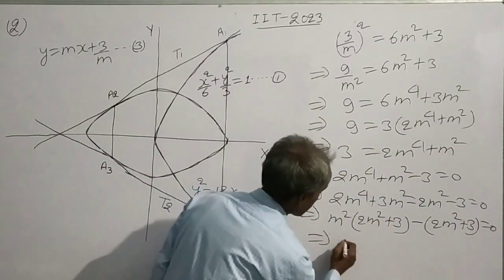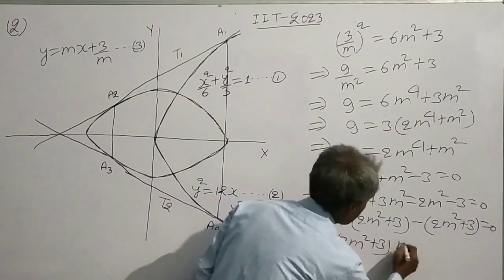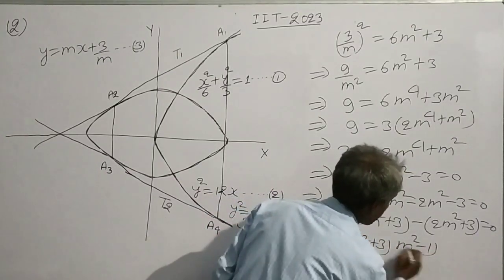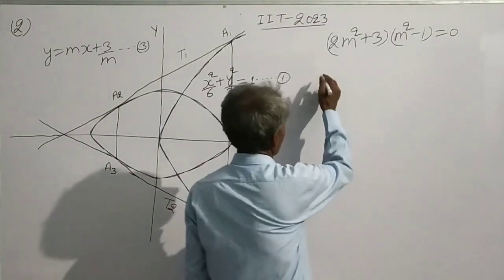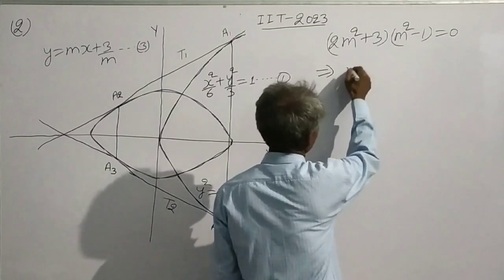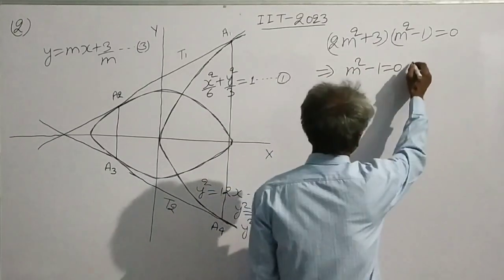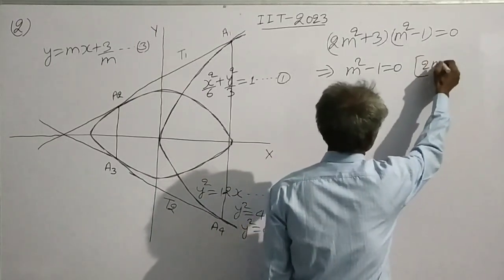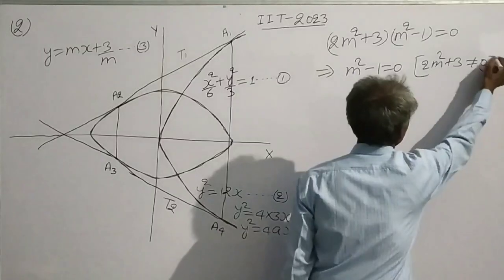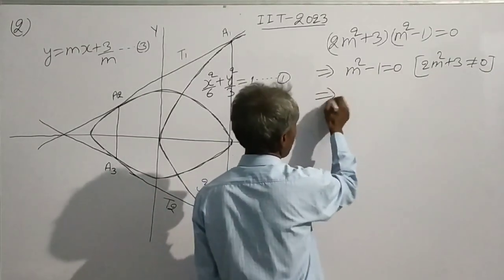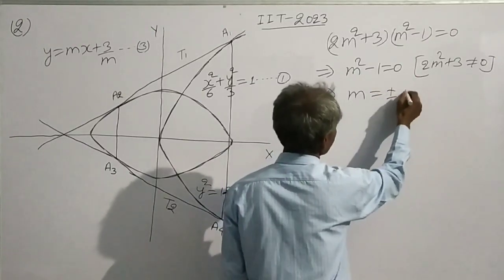This implies (2m square plus 3)(m square minus 1) is equal to 0. This implies m square minus 1 is equal to 0, because 2m square plus 3 cannot be equal to 0. This implies m is equal to plus minus 1.